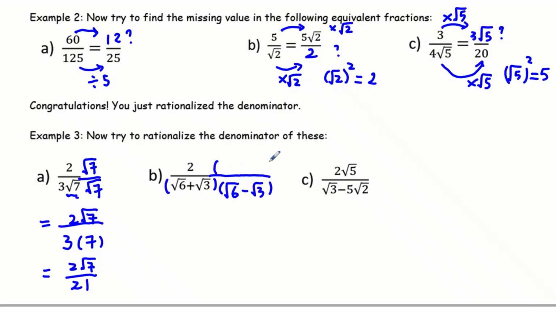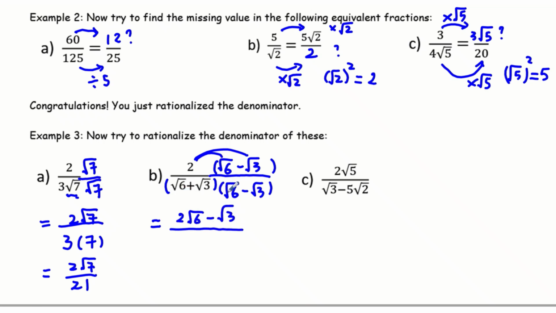And remember, if you times the denominator with a conjugate, you need to times the numerator by the same thing. Then they cancel out, you times 1, so you didn't change the value of this expression. Then we are going to times the numerator. 2 times each term is 2 square root 6 minus square root 3, then over.